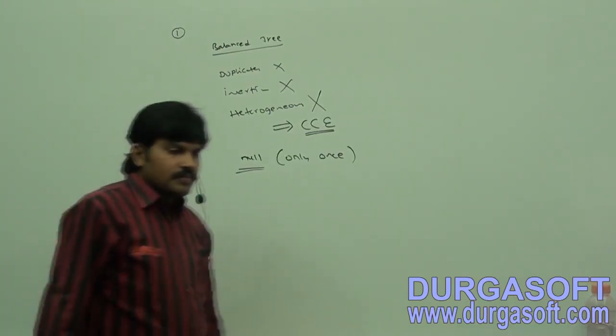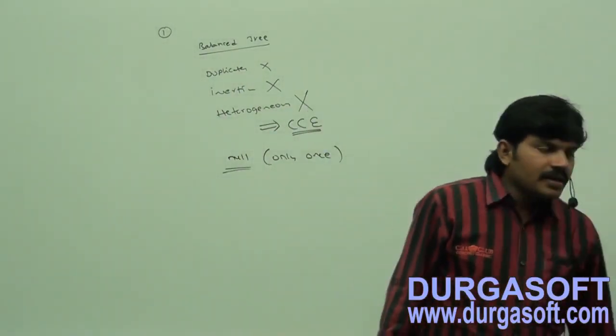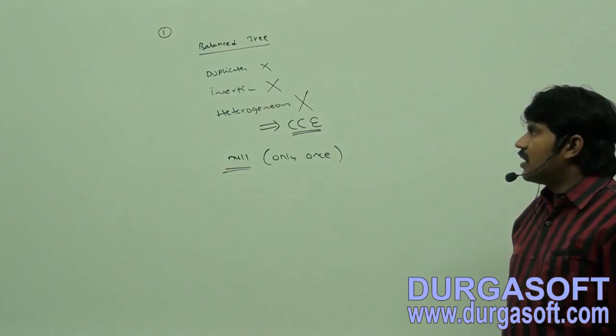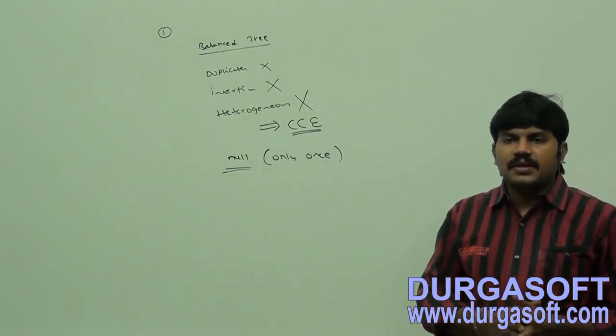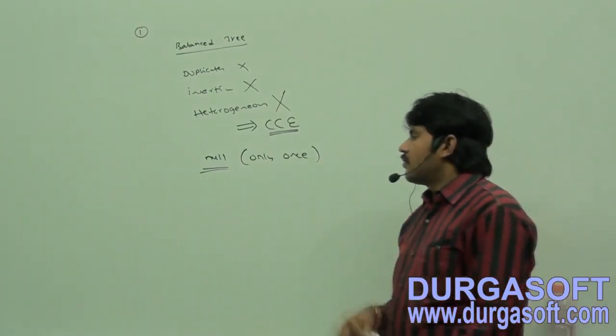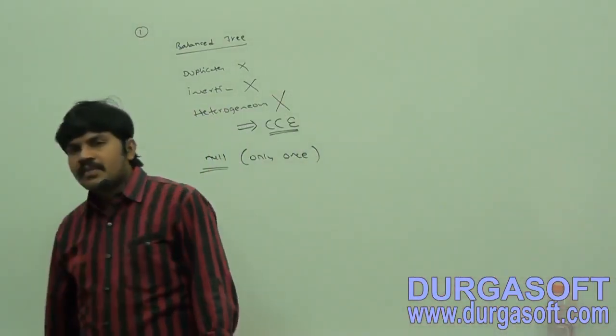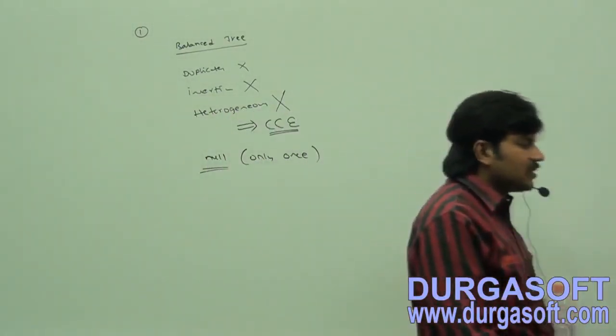The first point: the underlying data structure is a balanced tree.